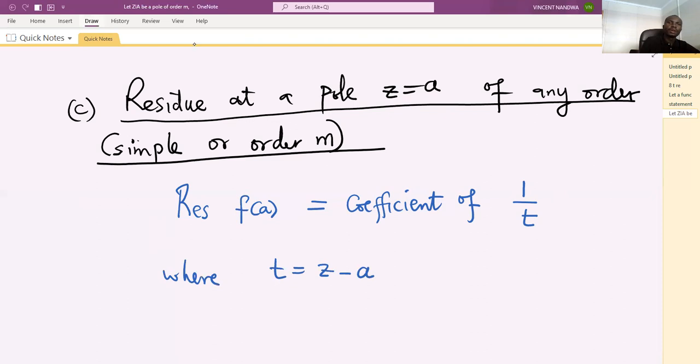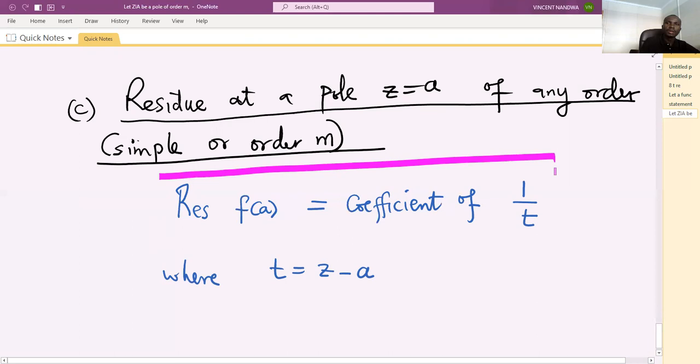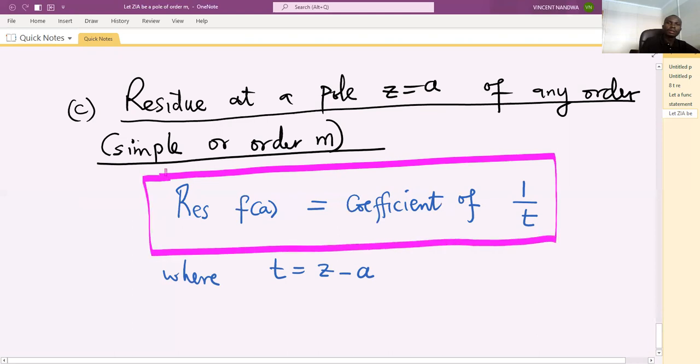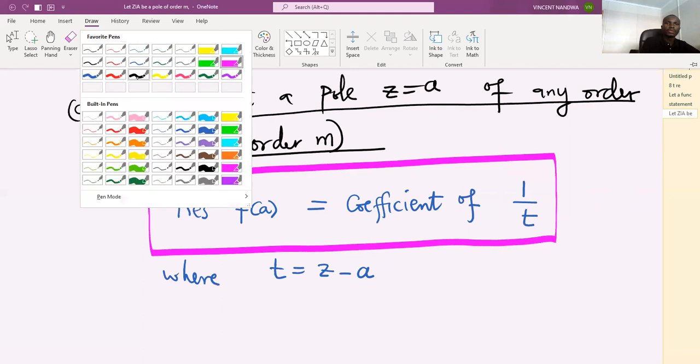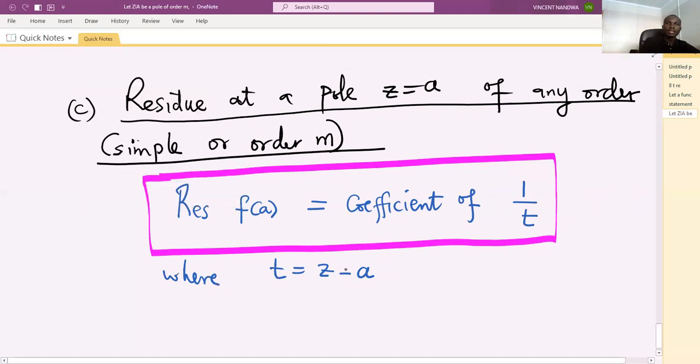So this is how we define residue of the function at the pole z equals a. So we just define the coefficient of the reciprocal of z minus a, or reciprocal of t, where we define t as z minus a.